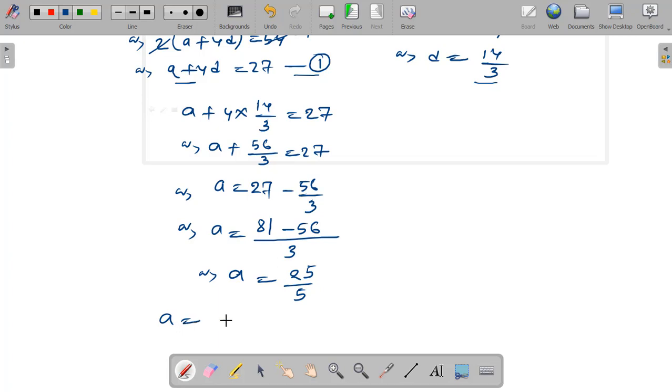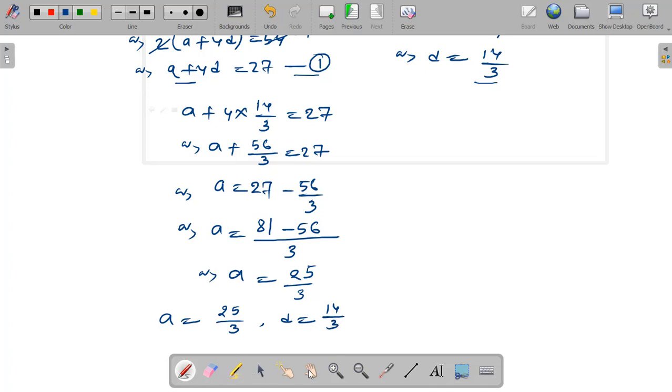Hence the value of a is 25 by 3, right? And the value of d is 14 by 3.